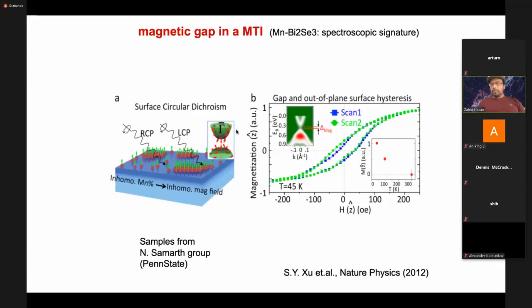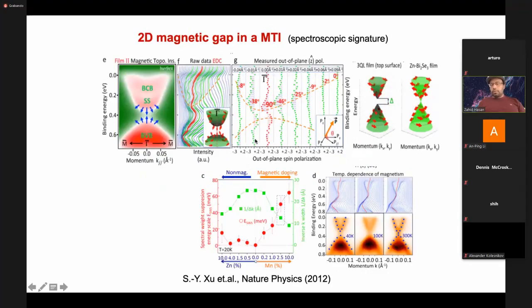So the idea is if dichroism and hysteresis are not there and you see a gap, then you're in trouble. That cannot be a magnetic gap. And also, what is the temperature dependence of the gap? Is it surviving well above the magnetic ordering temperature or not? We found that in addition to those diagnostics, you also have to do spin ARPES to probe the spin texture near where it looks like there is a gap.